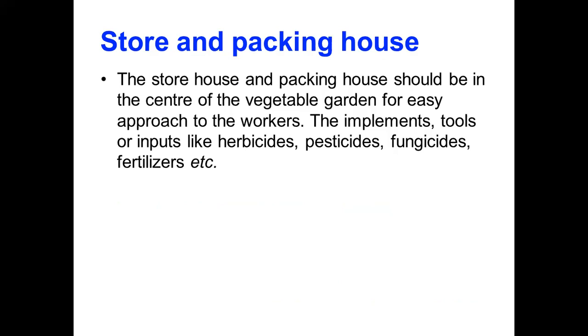This store is used for keeping implements, different tools, as well as inputs such as herbicides, fertilizers, etc. So you can be keeping chemicals there in the store. You can be keeping implements or tools such as hand hoes, rakes, and so on. Keeping also fertilizers within the store. You can also be keeping seeds for later planting.